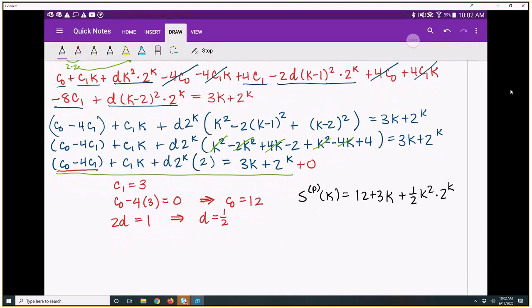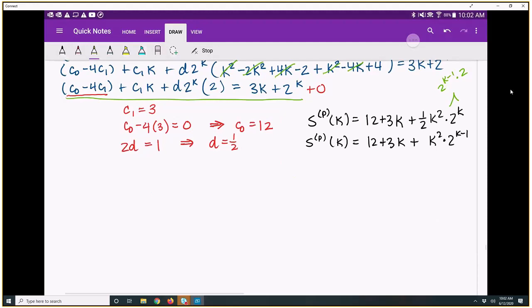And just to make that look a little bit nicer, instead of 1/2 times 2 to the power k, I'm going to borrow a 2 from my 2 to the power k. So I'm going to write this as 12 plus 3k plus k squared times 2 to the power k minus 1. So I just thought of 2 to the power k as 2 to the power k minus 1 times 2, and I took this times 2 and multiplied it by 1/2 so that I didn't have to write the 1/2 anymore.